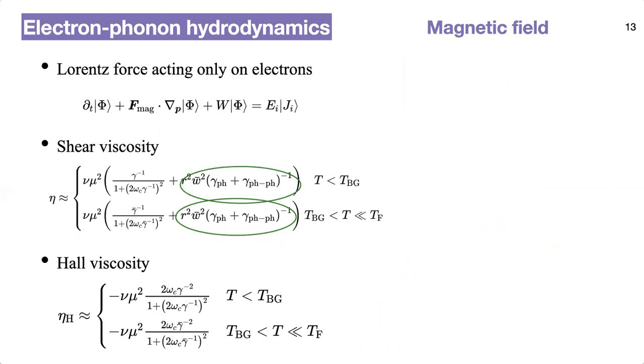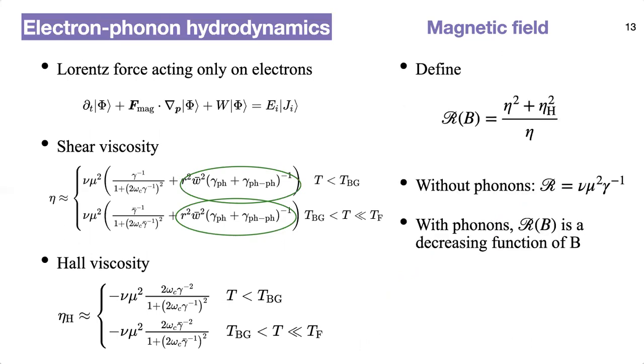The last thing that I want to mention about hydrodynamics is the magnetic field effect. The magnetic field is introduced by incorporating the Lorentz force acting only on the electrons into the Boltzmann equation. I just want to emphasize that in our setting, we only find that the phonon effect will be there in the shear viscosity, but it's absent in the Hall viscosity.